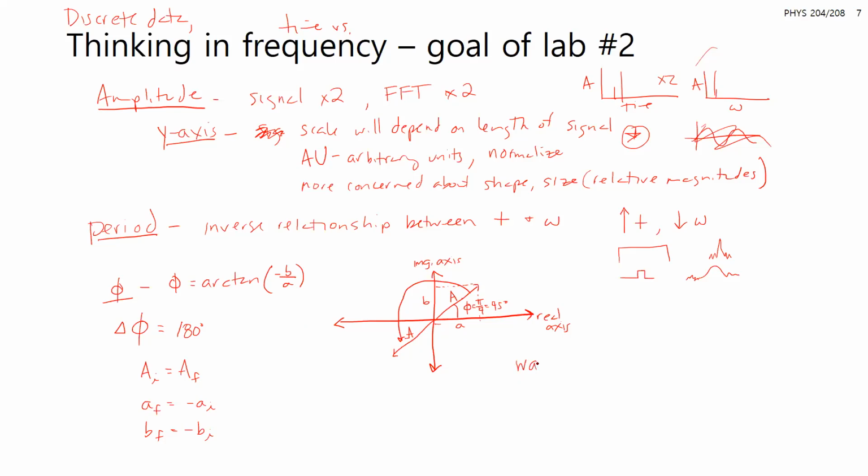And then finally, the waveforms, when you're thinking in frequency. So if you have a sine wave, if you have a top hat, we'll be going over those, but also realize the difference in what you would see in frequency if you have a periodic versus non-periodic signal as well.